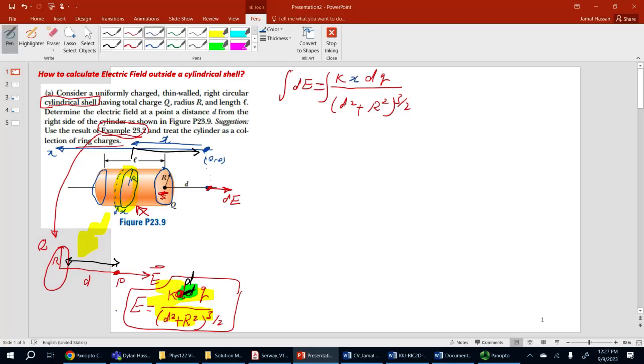One more thing: here again, d was the distance between the point and the ring, but in our case the distance is x, so we need to change this d squared into x squared. The last piece: Q was the total charge of the ring in the previous example. But in this case, the total charge belongs to the cylinder. The charge on the ring is actually dq. That's why we put dq here. Okay, so I hope this is clear.